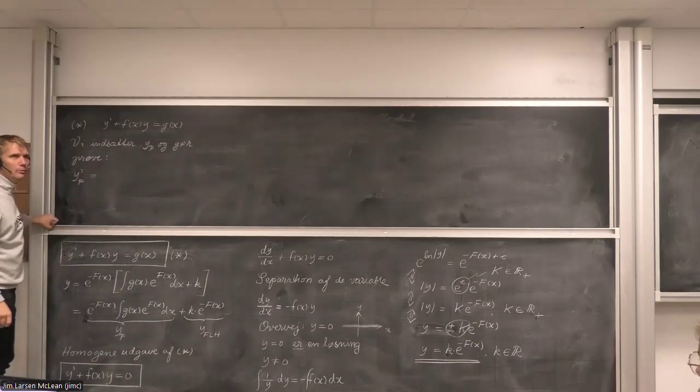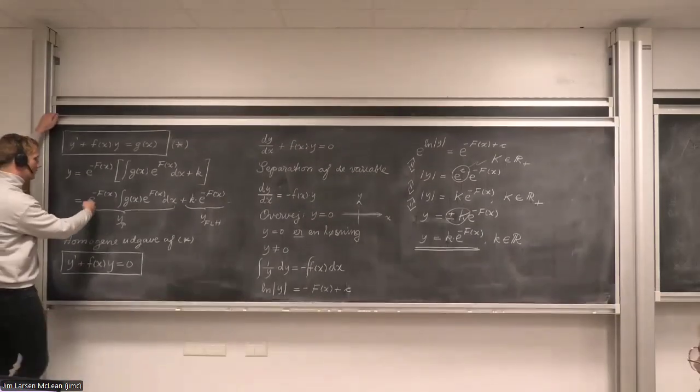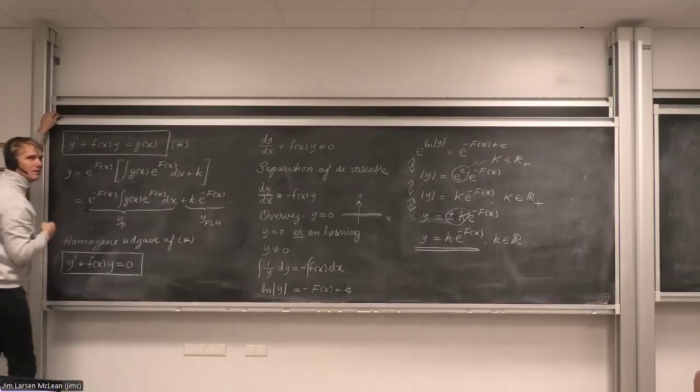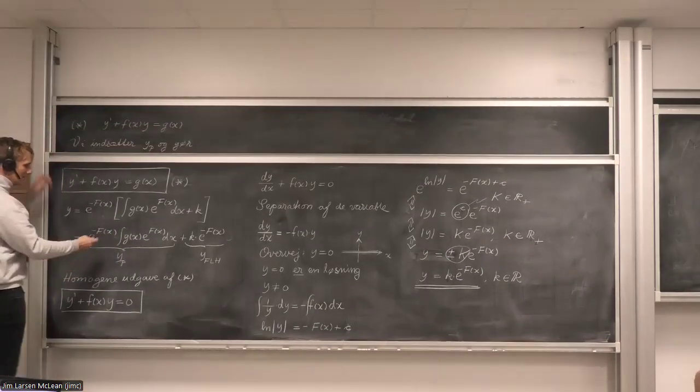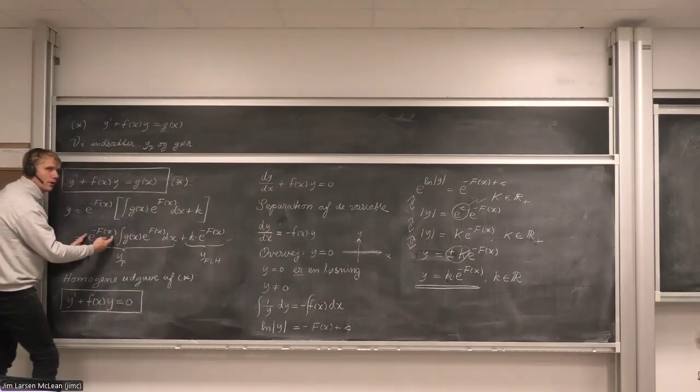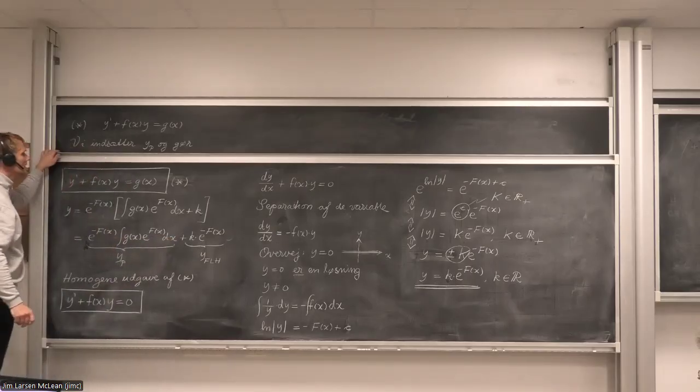And where was it that y_p was standing? It was right here. So now I need to find this derivative. And since it's a product, I differentiate the first factor times the untouched second factor, plus the untouched first factor times the differentiated second factor.